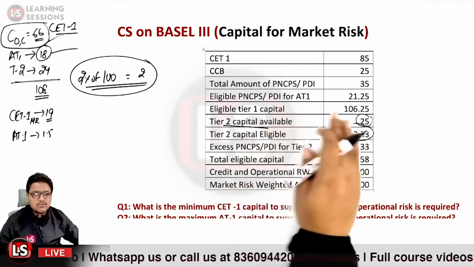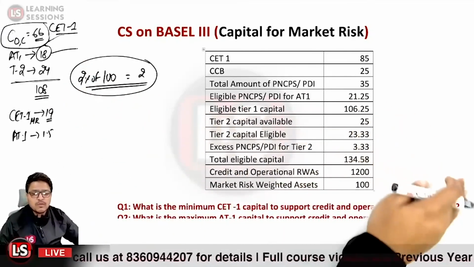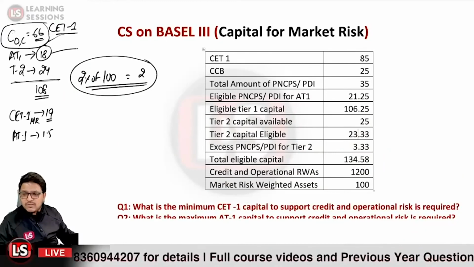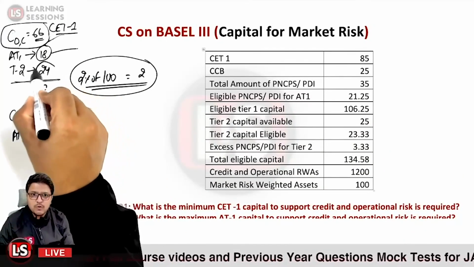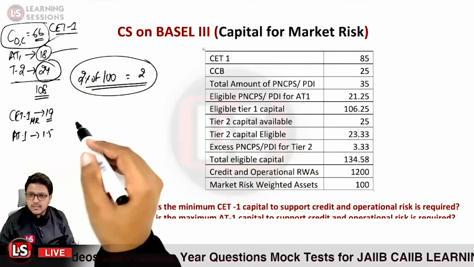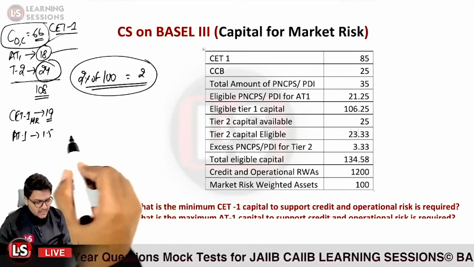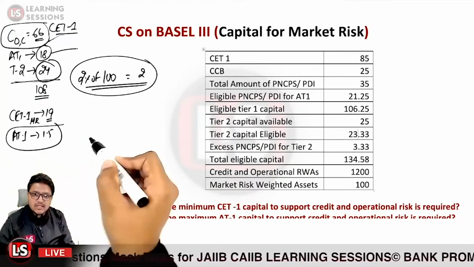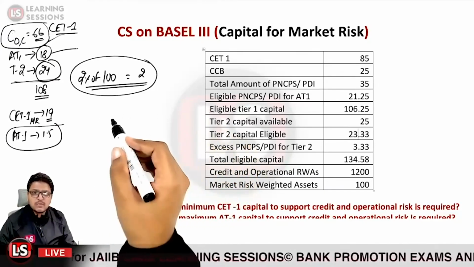Okay. So we have already utilized 24 out of the 25 for the operational risk and credit risk, if you remember. Okay. And further, the surplus of the additional tier 1 is also eligible for the same.